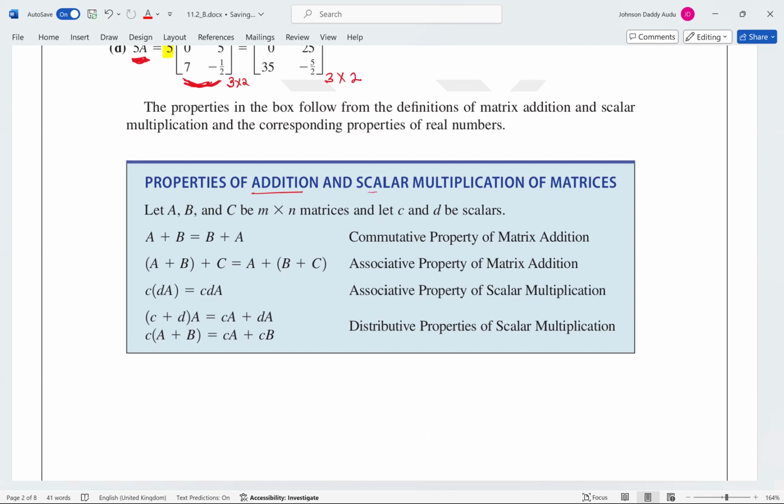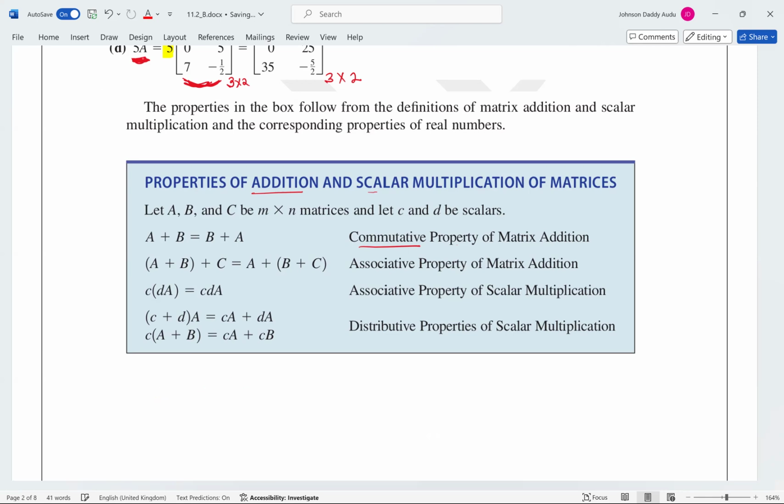If you have matrix A plus B, it is the same thing as matrix B plus A. So in other words, we can say that matrix addition is what? Is commutative, right? But we know that A minus B is not necessarily going to be B minus A. So we can see that subtraction of matrices is not commutative.